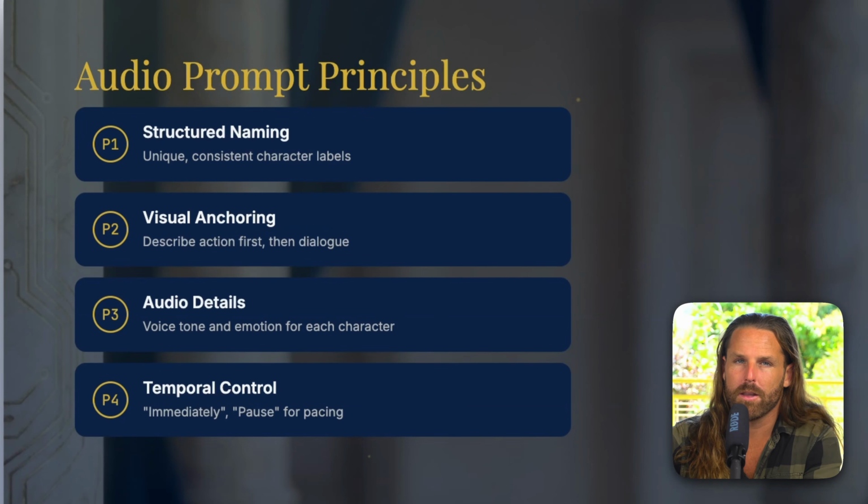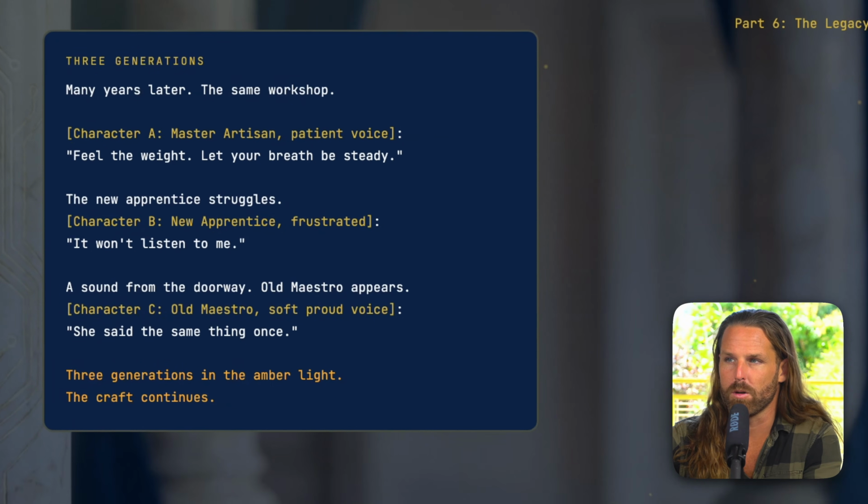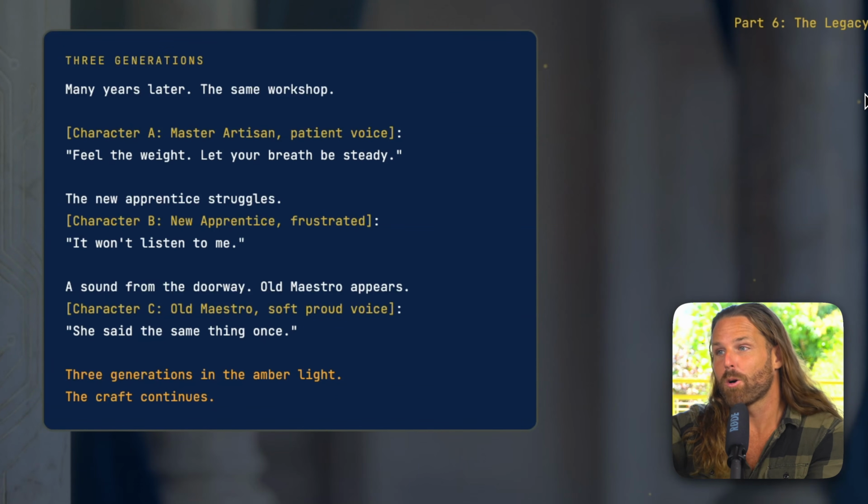So before we put them all together, we're going to do one more prompt, and that has to do with more audio: structured naming, character labels, visual anchoring with the action first, then the dialogue, and audio details, like the voice tone and emotion for each character, and then temporal control for pacing. So for example, many years later, same workshop, once again, no context here.